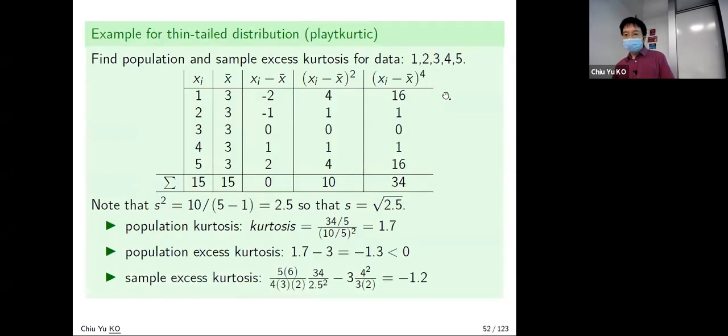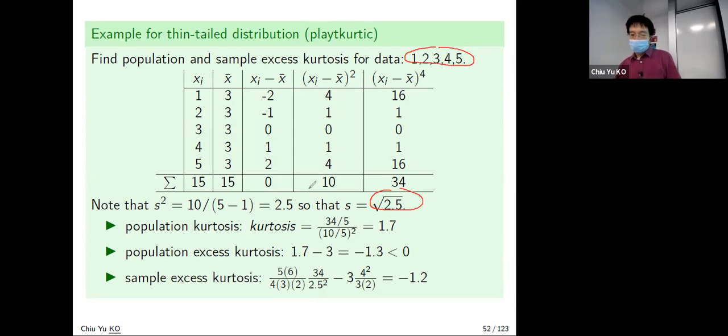I don't think you would be wise at the time to go through this again. But let me tell you why this is negative kurtosis. You learned the bell shape. Look at this data: the SD is the square root of 2.5, so it's 1 point something.